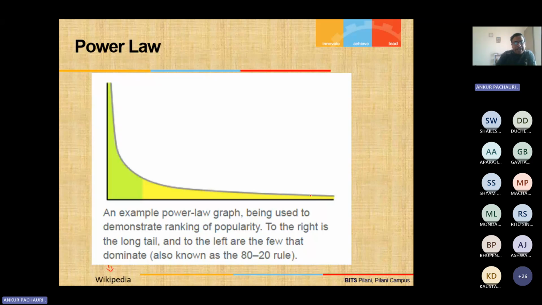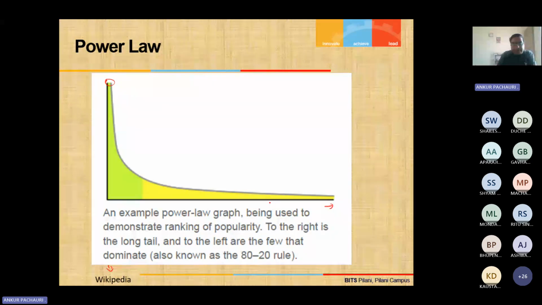So what does it mean? It has a few observations. Something is painted in green, something is painted in yellow. There are very extreme values. Suppose this is a scale, 0, 1, 2, 3. That means there are very few values having very high magnitude. Later towards the end, there will be a large number of values.